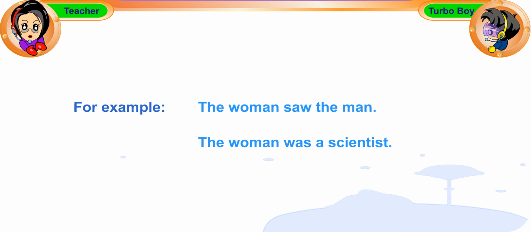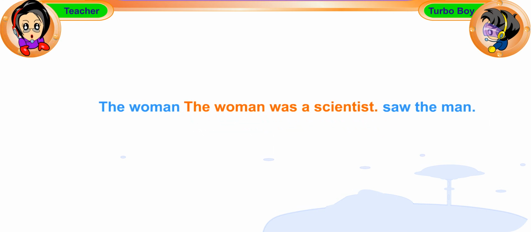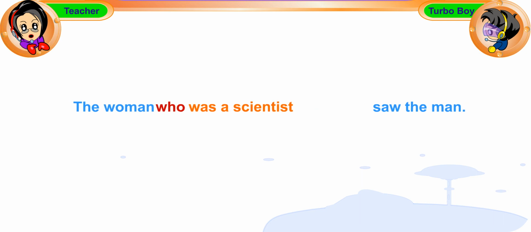The woman was a scientist. Since the second sentence is talking about the woman, we need to put the second sentence immediately after the woman in the first sentence. Then we do the 3 steps again. Add the glue word, remove the repeated noun, and finally, remove the full stop.